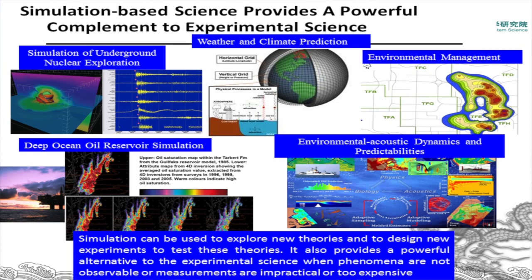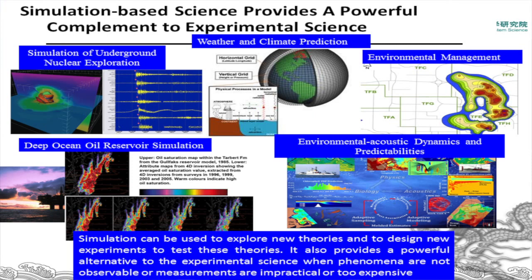Okay, the motivation is that simulation-based science provides a powerful complement to experimental science. We talk about underground nuclear explosions. Nowadays, it is not possible for us to have actual explosions. We have to use computer models to study these kinds of processes.